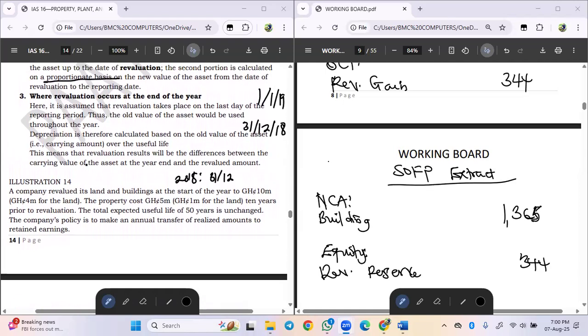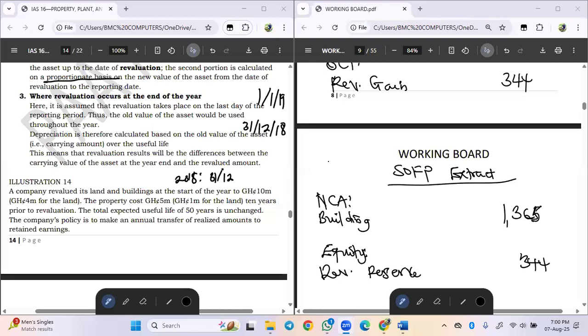Okay, so the one who asked, come again. He said network was off. Yes, my question was that the third point, where revaluation occurs at the end of the year, that is 31st December.